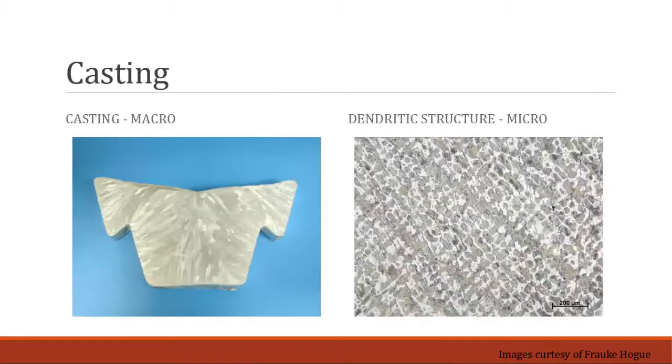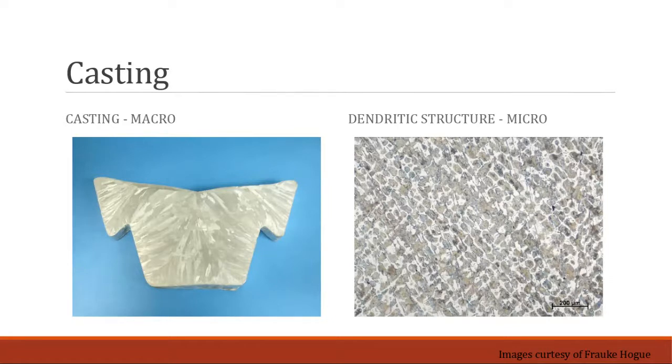So looking at castings, the image on the left is a macro etch of a cast iron ingot, and the microstructure is given on the right. Now this is at 50x magnification, but it's considered to be a dendritic structure.